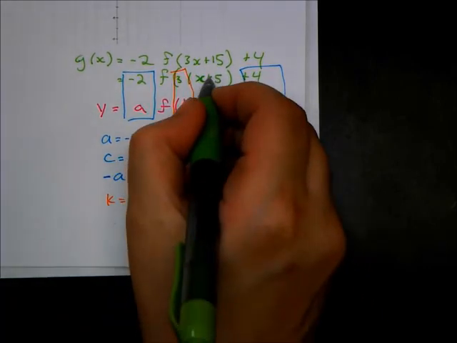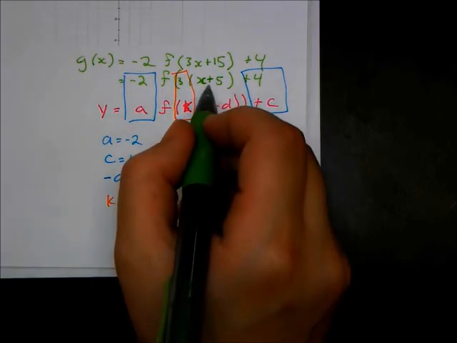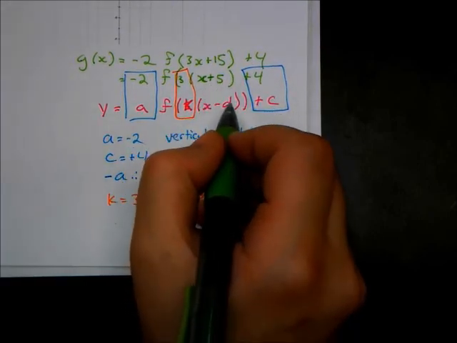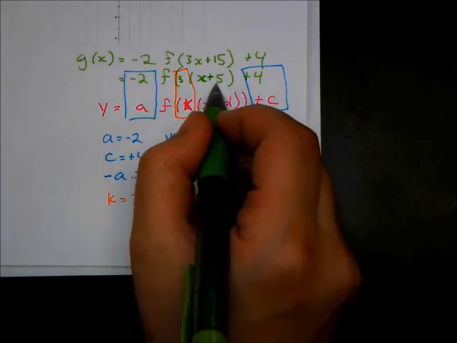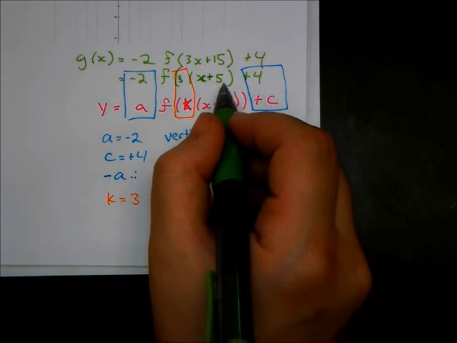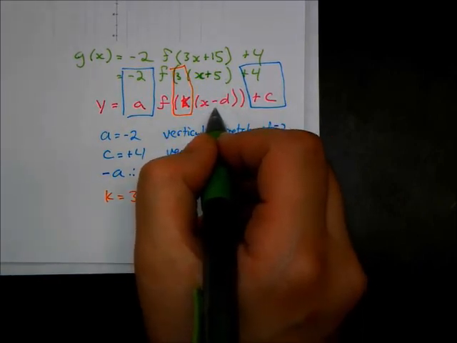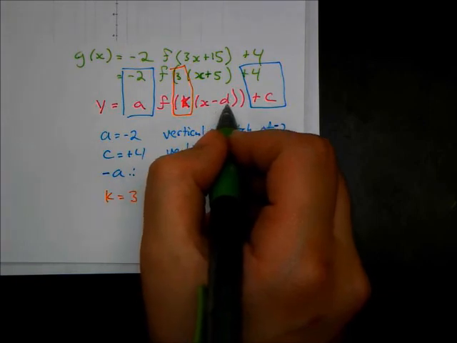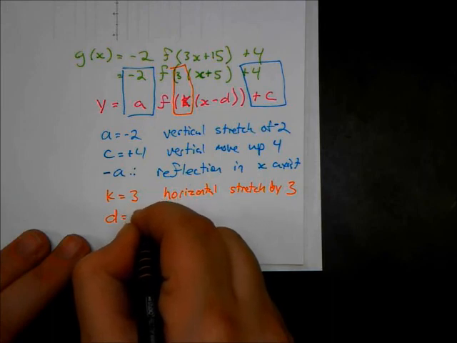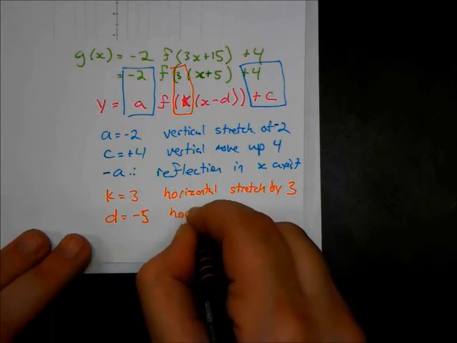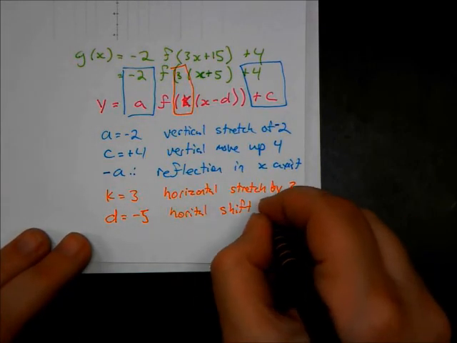We see that d should be a negative number, but I see a positive number here. So what value must D have been to give an overall positive value here? Well, D could be 5, but if D was 5, then it would be x minus 5, not x plus 5, because of this negative. So that must mean D must be negative 5. This is a horizontal shift. We're actually going to move it to the left 5.